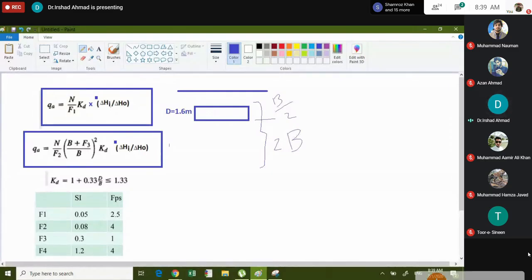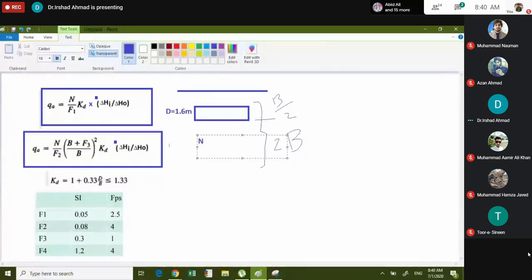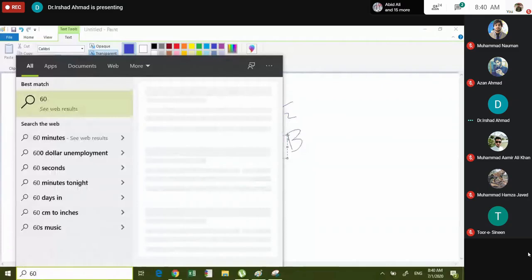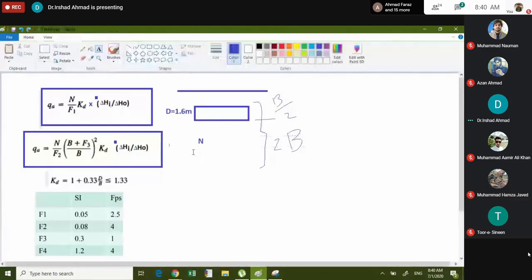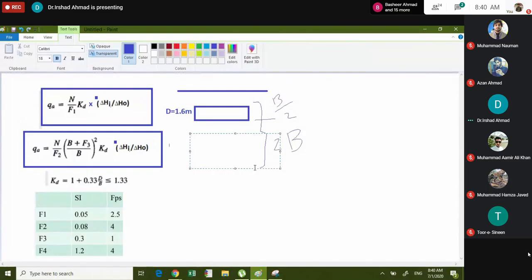You have used an average SPT count in this zone. N60 is 7 on average in this zone, so you can consider N60 equal to 7.